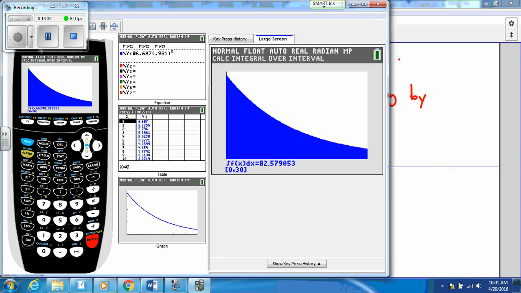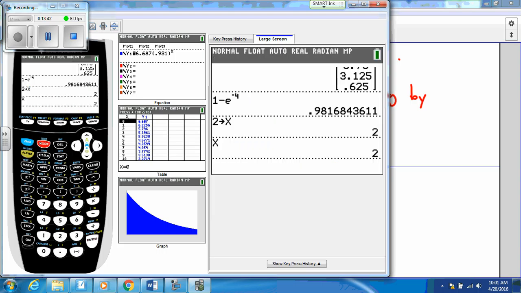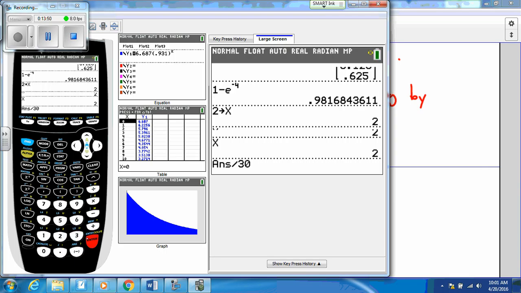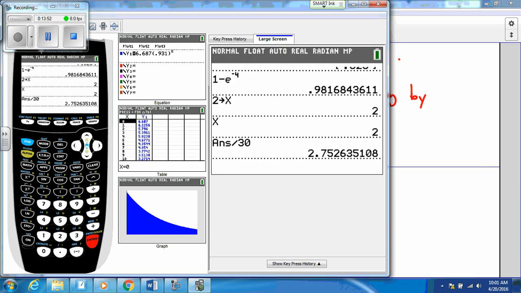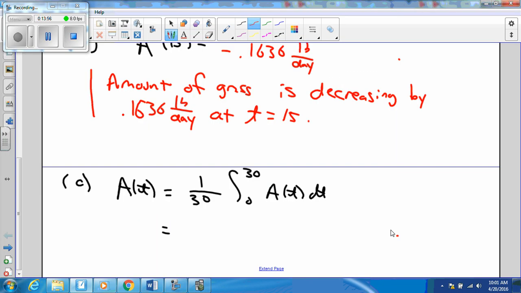Now if I divide that by the total amount of time, that will give me the average. Notice that as soon as we compute it, it is copied into your answer. So the way that I computed it was to simply take answer and divide by 30. Did you know you could do that? There you go. And so that gives you your average, which is 0.7526 pounds of grass.